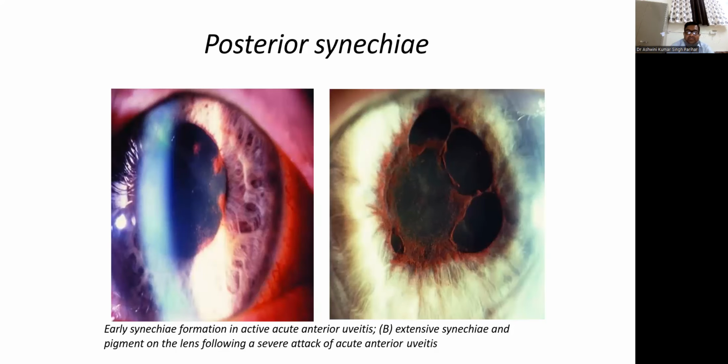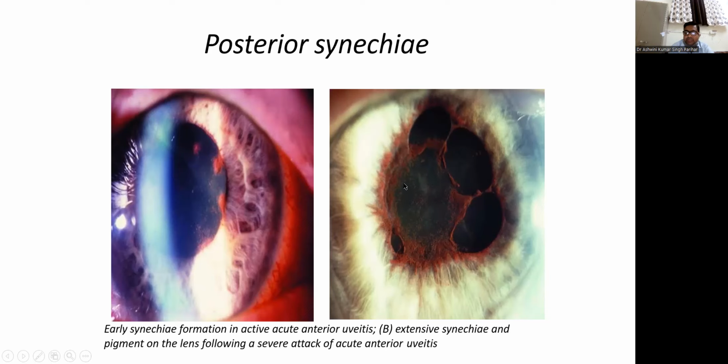This is another picture which shows the formation of synechiae at different levels. The first picture shows the formation of posterior synechiae in the early stage, or first attack. Most of the pupillary area is intact and the pupil is dilating; still the synechiae are present in place, and the rest of the pupil is dilating. In the second picture you can see extensive peripheral synechiae. The pupil is not able to dilate.